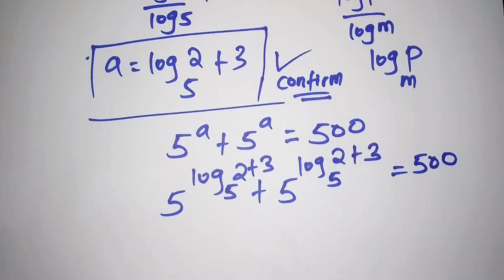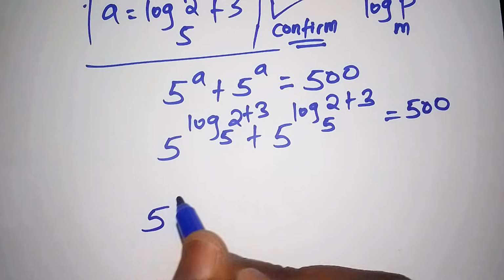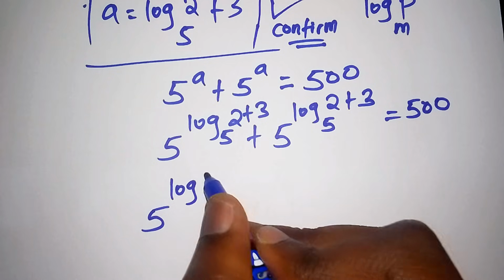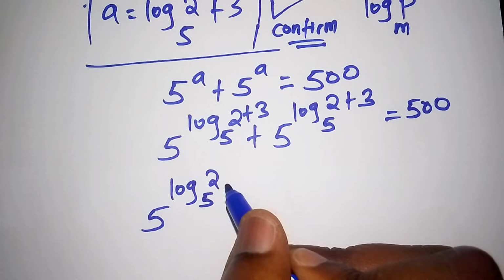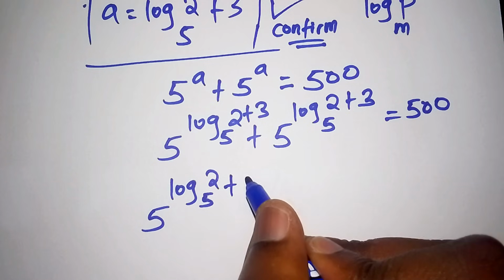So we can write it afresh as 5 to the log of 2 to the base of 5, then plus 3.